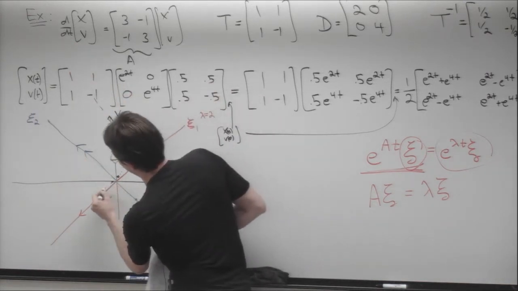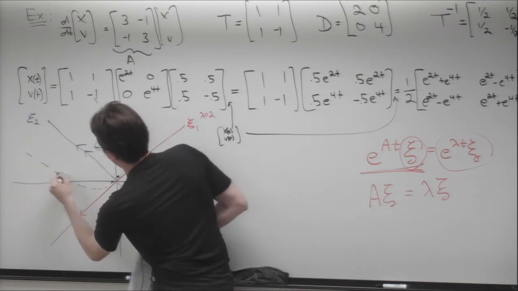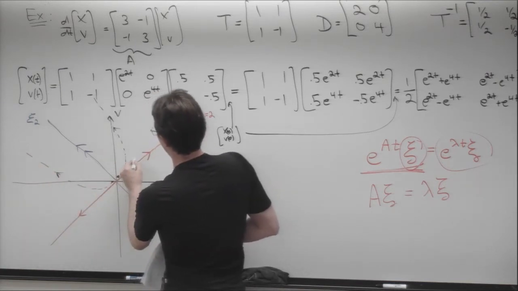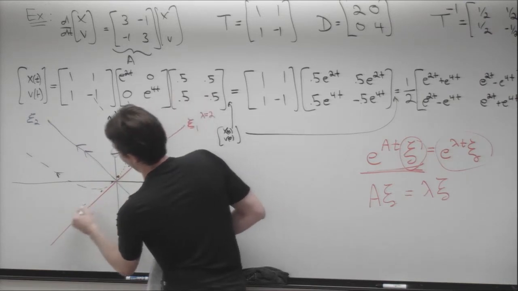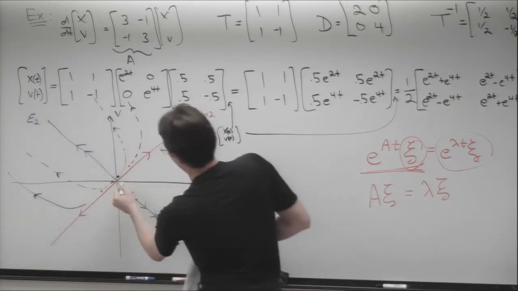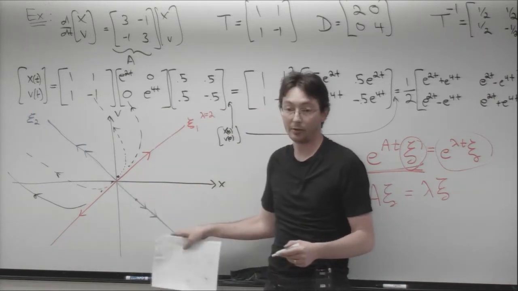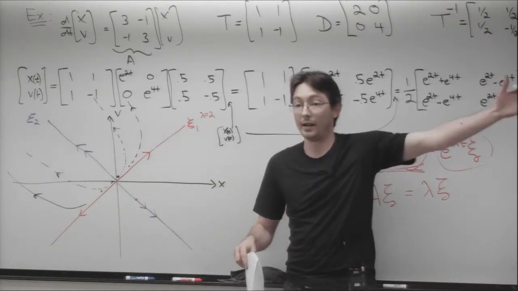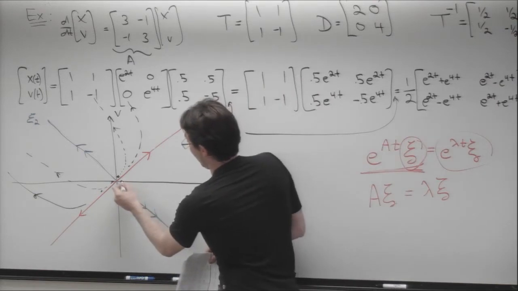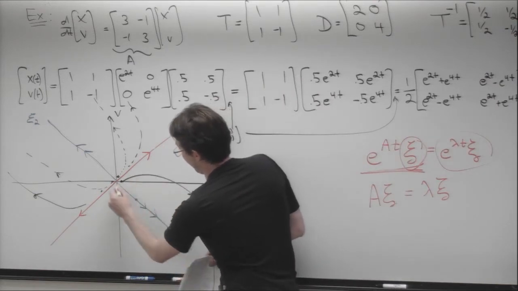If I started over here, I'd have the same thing. If I started out here, it would be the same thing. If I started on the other side of C1, so I had a negative component of this blue curve, that negative component is going to grow to negative infinity. I get the same thing back here.